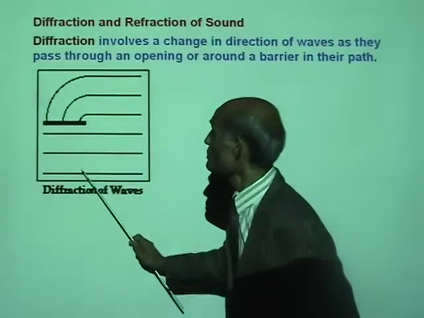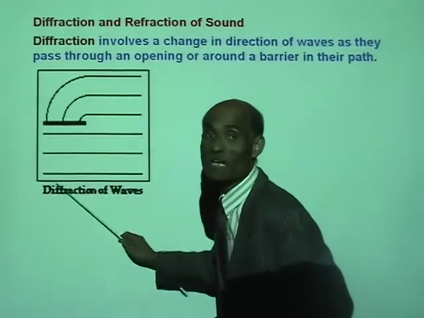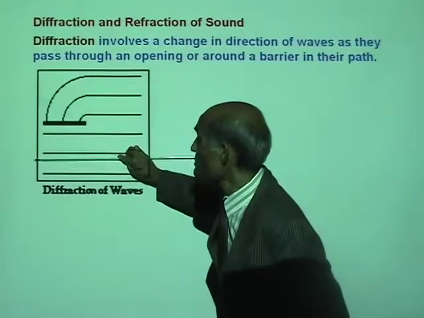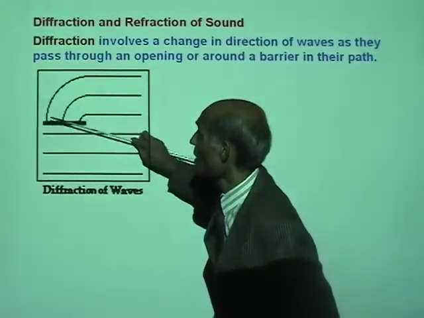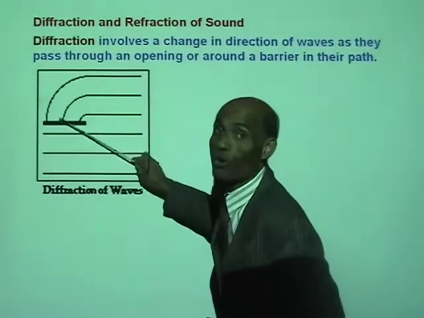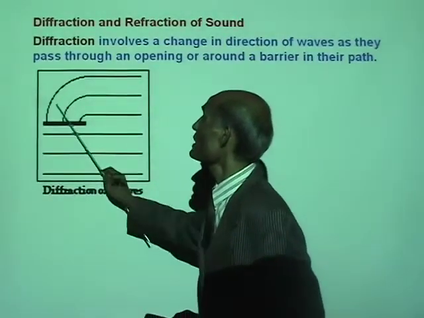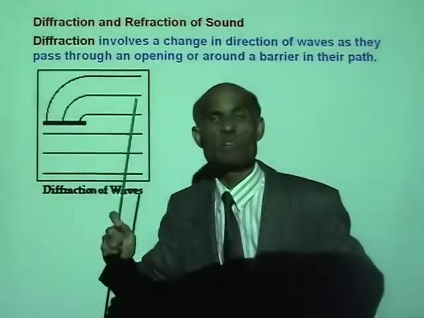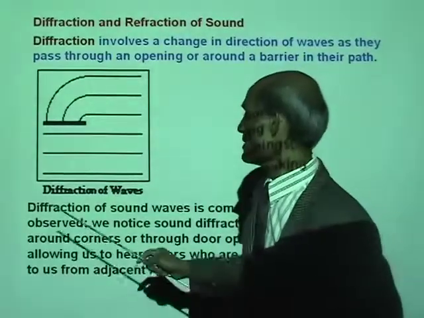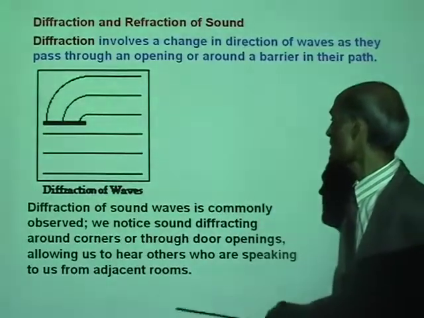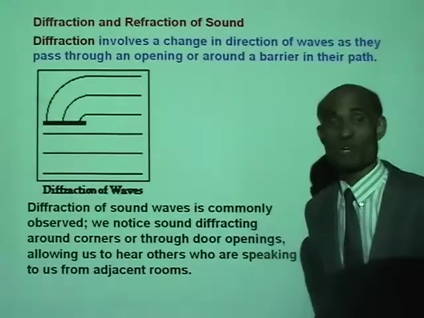You can see this is where I'm standing and speaking, and the sound waves are advancing forward. When they come to the door, they can actually bend, and this is the property of diffraction. So diffraction of sound waves is commonly observed.